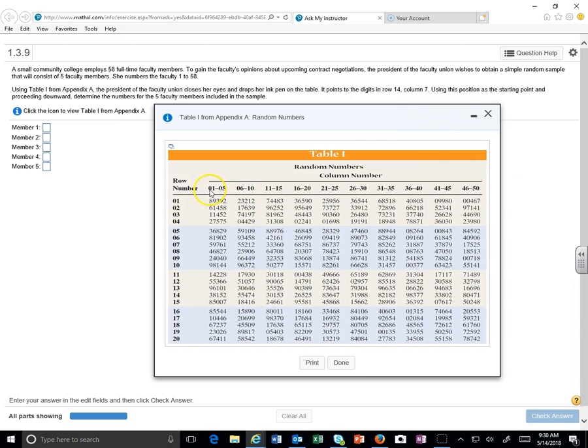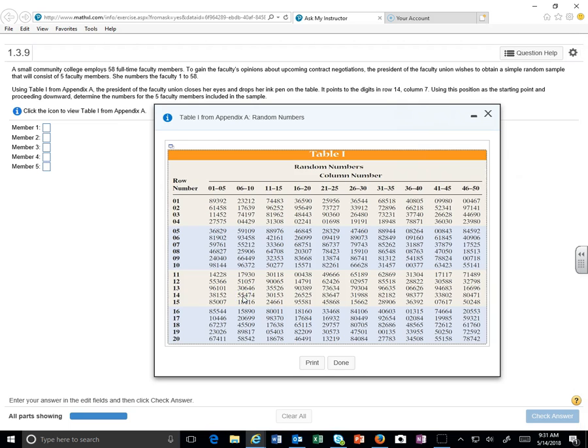These are the column numbers, so this is column 1 through 5. So this is 1, 2, 3, 4, 5, right? 6, and then 7. So this second column and the second group of numbers here is the column we're going to be in. So we'll go to row 14, column 7, which would be this 5 right here.